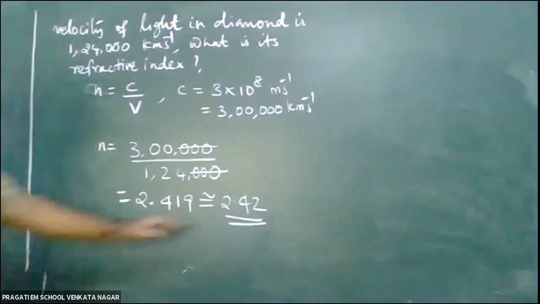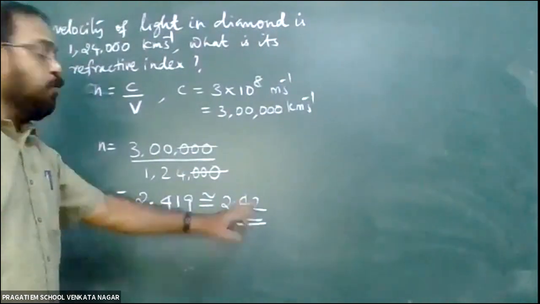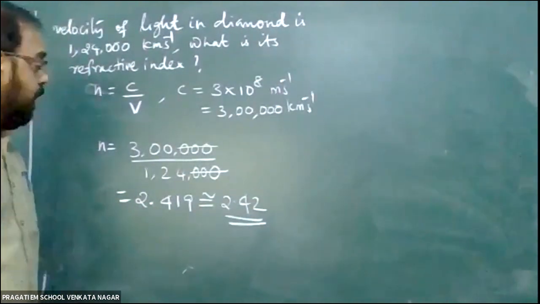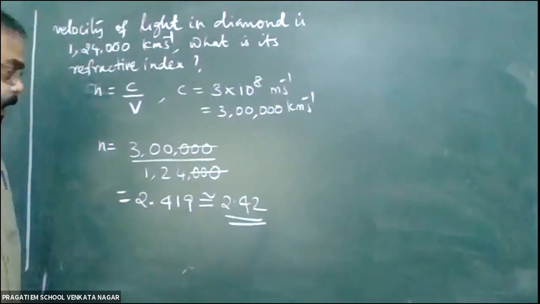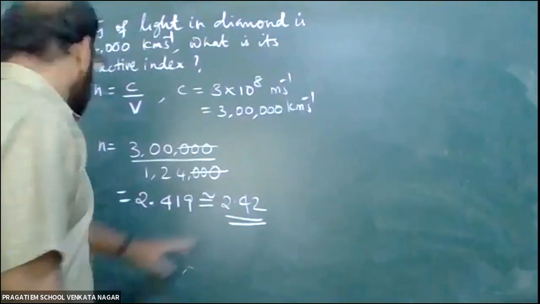So this is the refractive index of diamond. The refractive index of diamond is very high, 2.42. That is why diamond shines very much. When light falls on it, because of its high refractive index, it is shining.